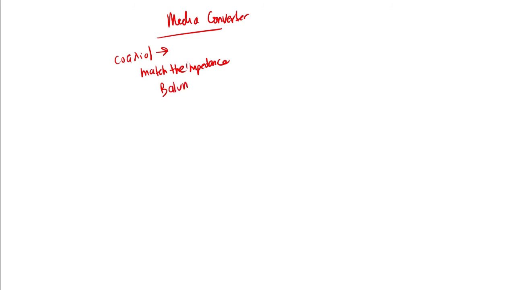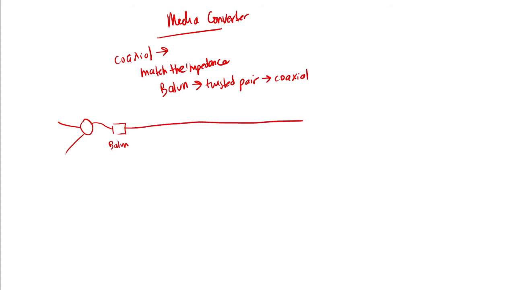And a balun takes an impedance from a twisted pair and allows us to run a coax. So if I have a security camera that runs a coax, I can put a balun here. I can run Cat6 to the camera. I can put another balun, and I can put coax back to the DVR.